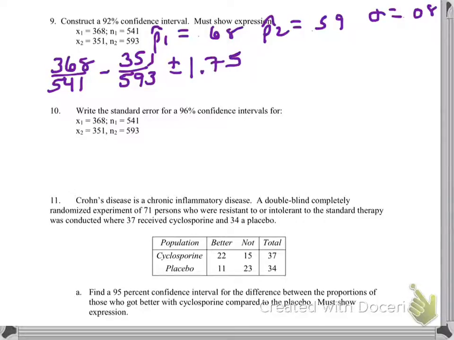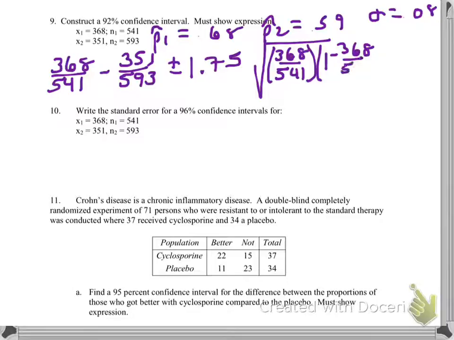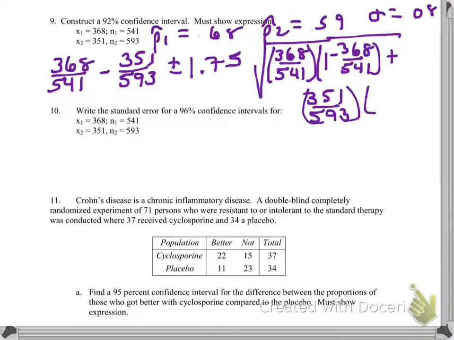1.75, okay? So now I'm going to do my square root, so I get 368 divided by 541, and this is going to be 1 minus 368 divided by 541 plus, ouch, I don't have enough room, 351 divided by 593 times 1 minus 351 divided by 593.